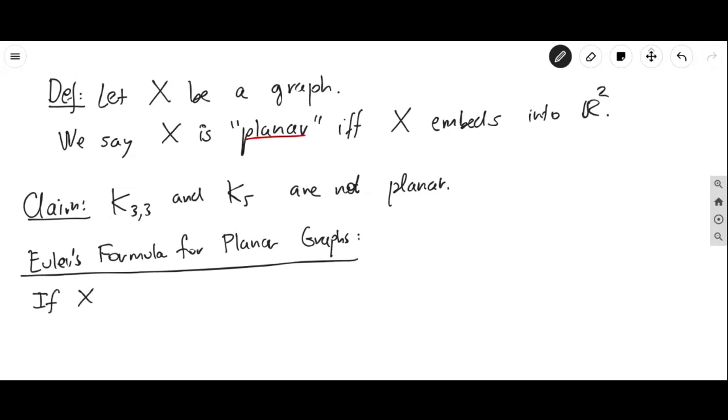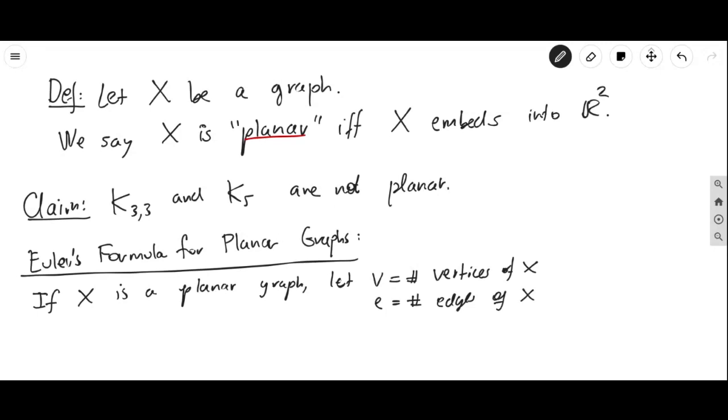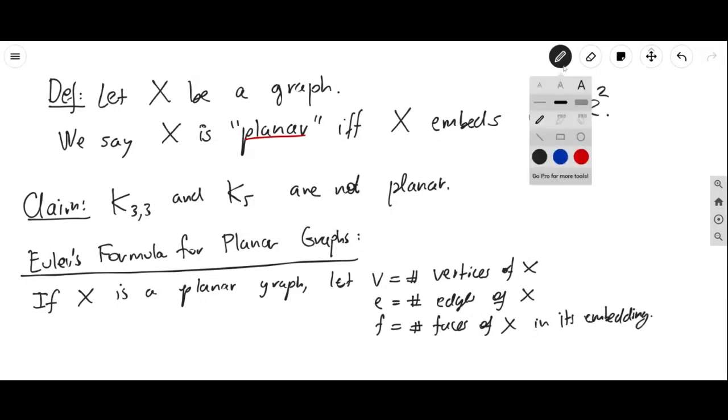If X is a planar graph, let V be the number of vertices of X, E be the number of edges of X, and F the number of faces of X in its embedding.